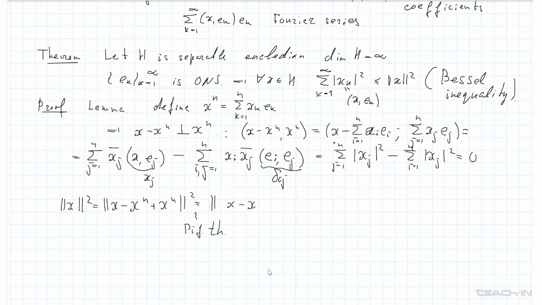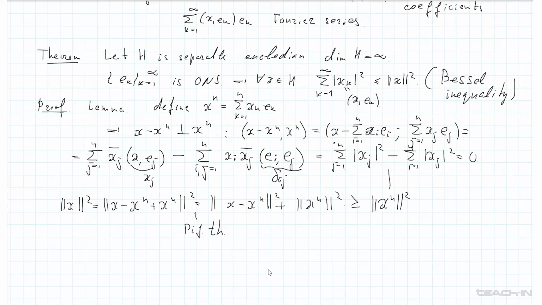We prove that the two elements are orthogonal, and we can use the Pythagorean theorem. Then we take away one non-negative term, so we obtain the inequality.